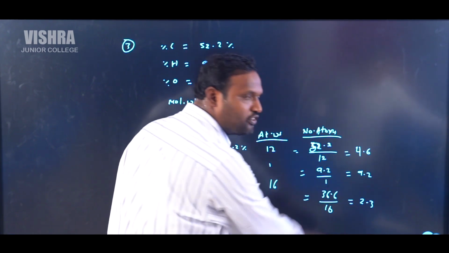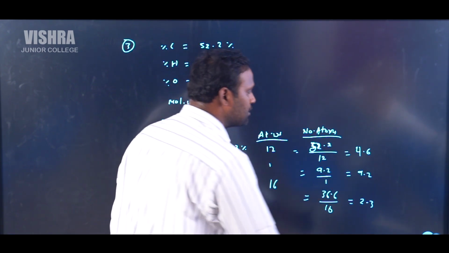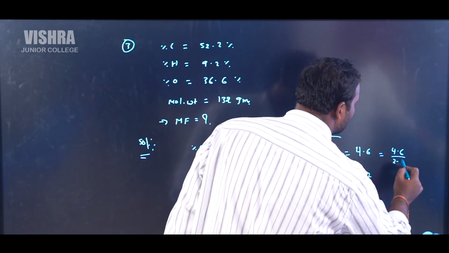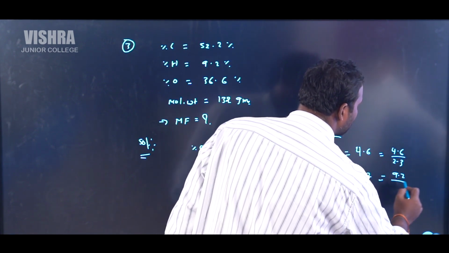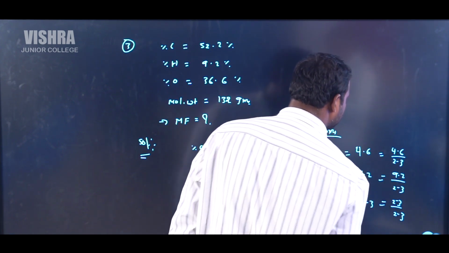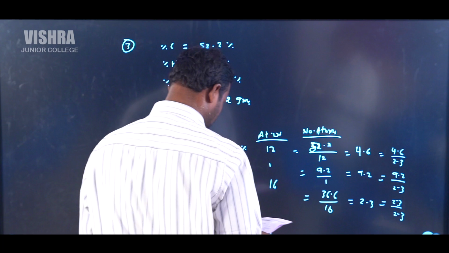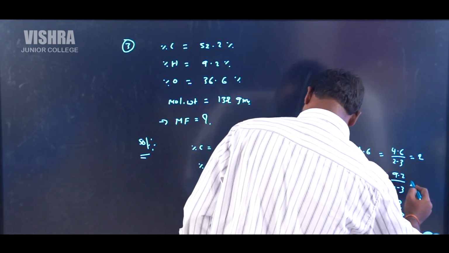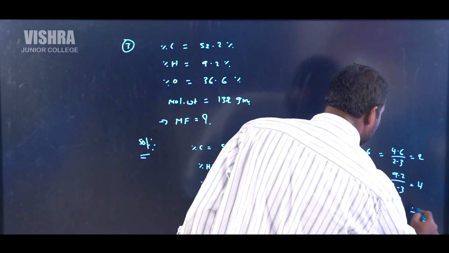So which one is the least value in this case? 2.3. So again these are divided by 2.3. So 4.6 by 2.3 is 2, 9.2 by 2.3 is 4, and 2.3 by 2.3 is 1.